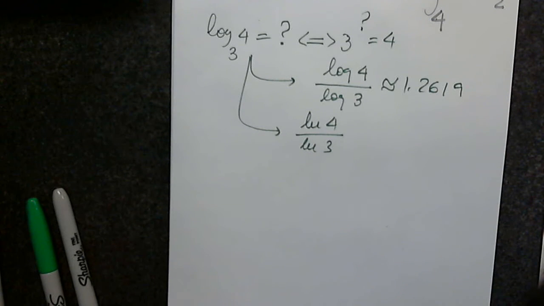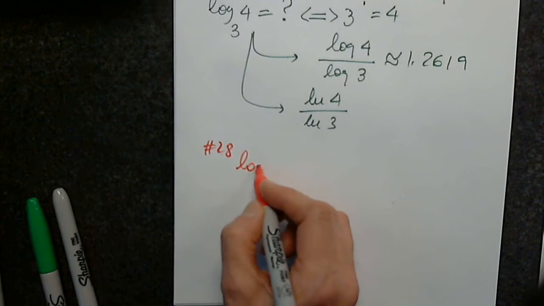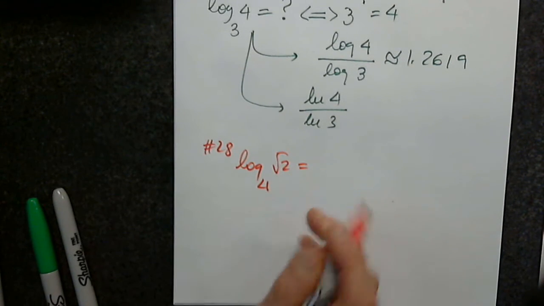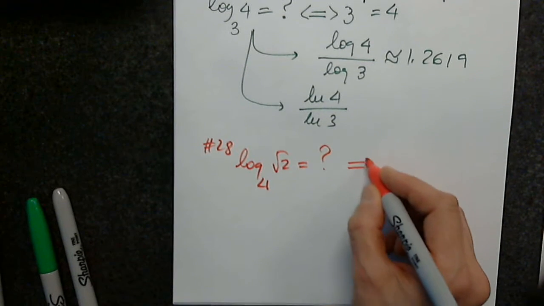So if you want to choose anything else. Which one? 28. 28. Very good. So we're looking at 28, log base 4 of the square root of 2. I have no idea what it equals.